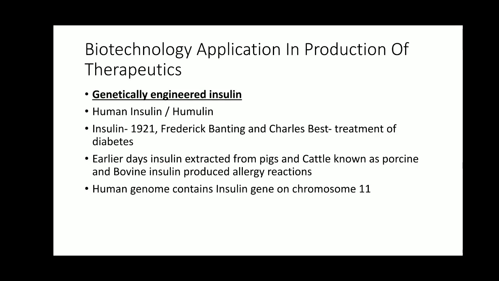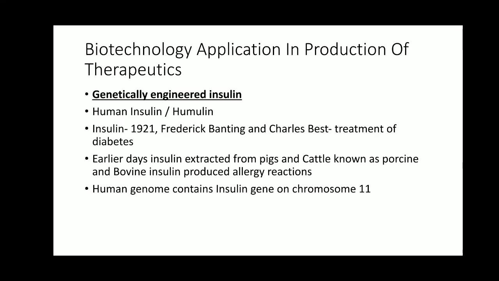The bovine insulin varied from human insulin by 2 amino acids, whereas the porcine insulin varied from human insulin by 1 amino acid. Both are similar to human insulin, but their composition is slightly different.